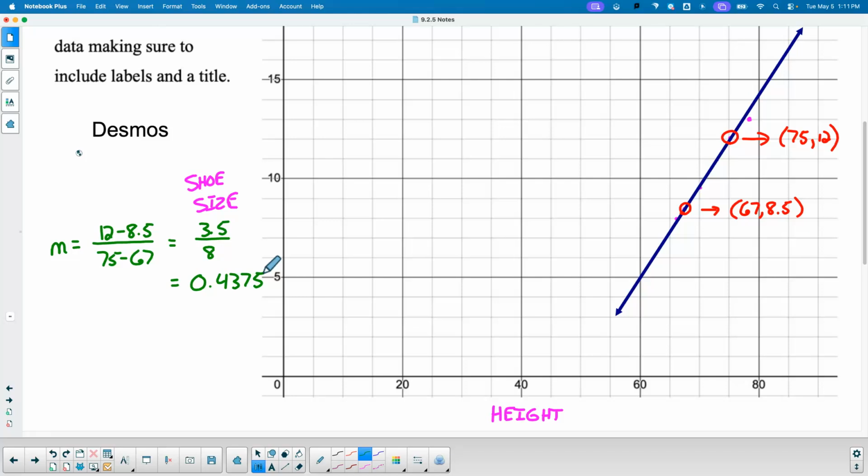Okay? Now what? We found the slope. Now what? Okay, so could I just go right to the equation of my line? Yeah, because what can I use? I can use the point slope form, right? Because I've got 2 points that's on my line, and I've got the slope. So which point do we want to use? Upper or lower?